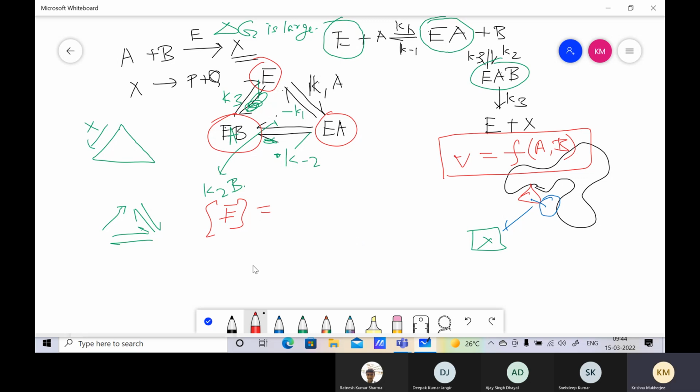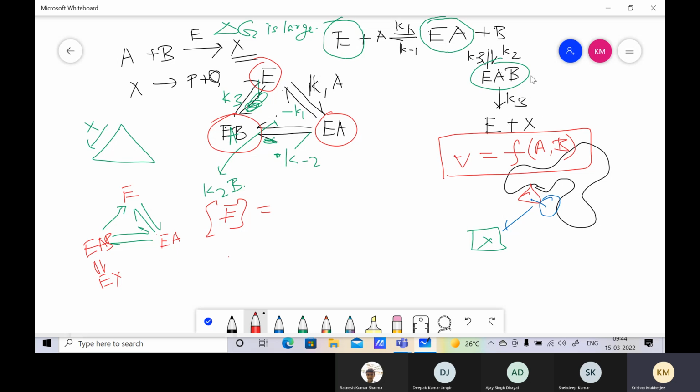So notice that E is from here, this is E here, EA and EAB, or EAB becomes EX. You can write that, but that, as I told you, is an equilibrium reaction. So EAB we can write it as EX then E plus X, but that's really not important.